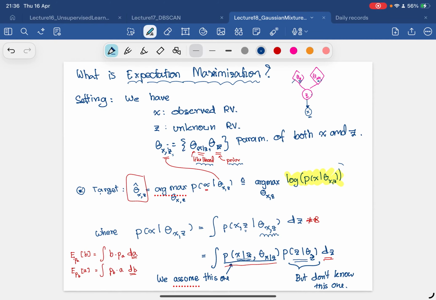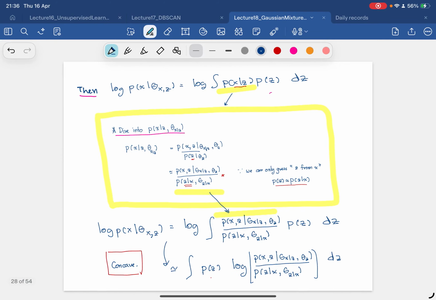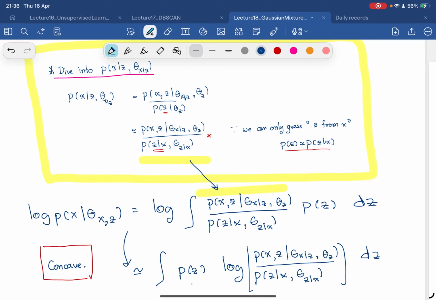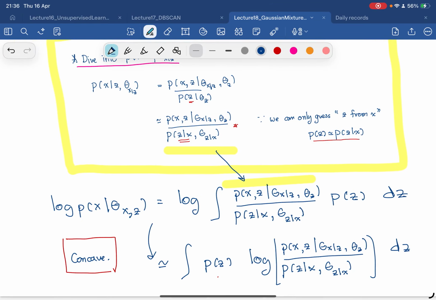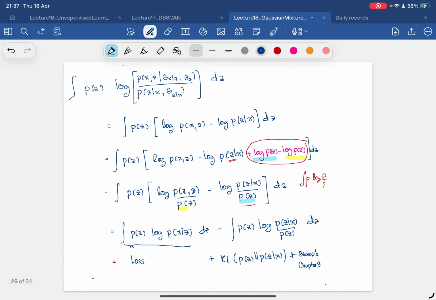But anyway, we'll continue. Once we have this logarithm of probability, we can further simplify it by using some approximation. Please don't worry, I don't want you to go over it, but I will just provide some information. There are some approximations, like using the concavity of the log function, and we simplify into this formula. And this formula is actually an expectation, which we will see.